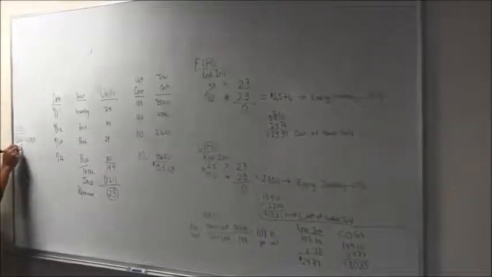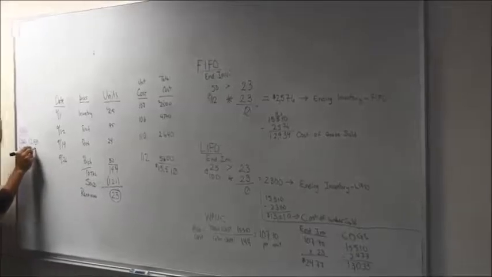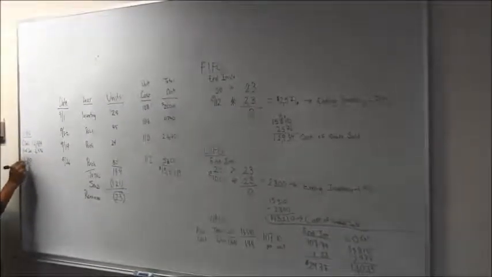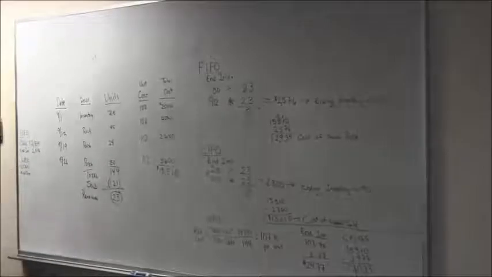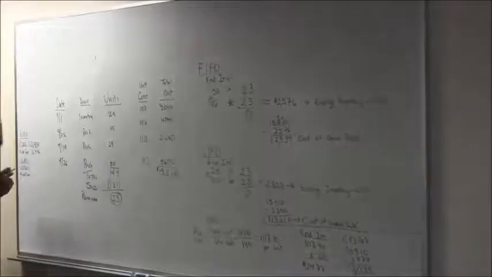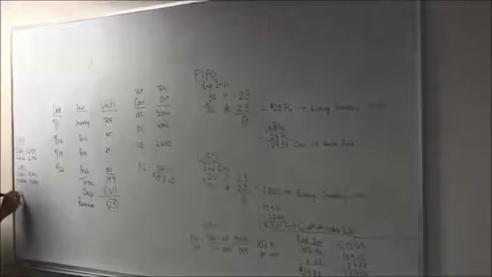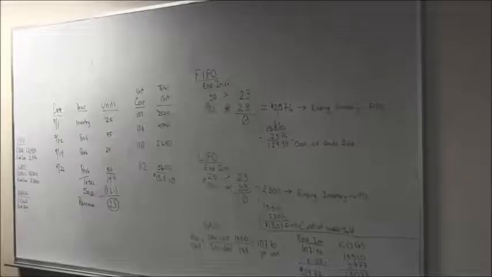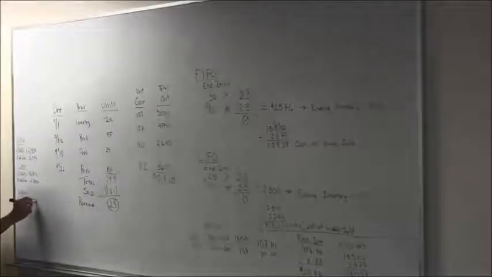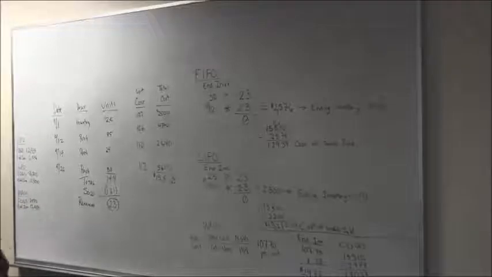My ending inventory was 2576. LIFO cost of goods sold was 13,210 and 2,300, and weighted average unit, $24.77, $13.33.